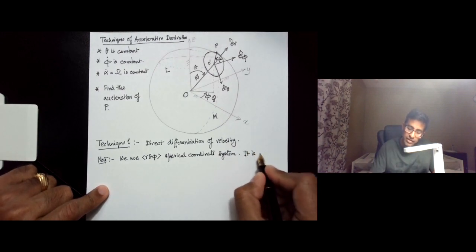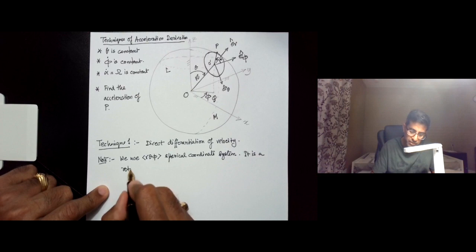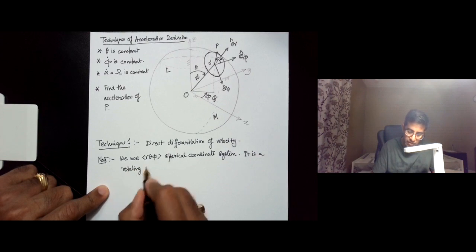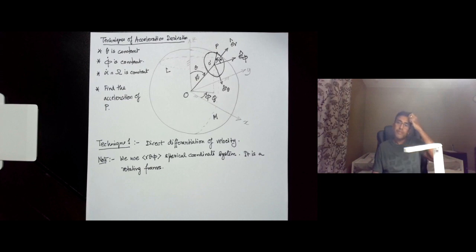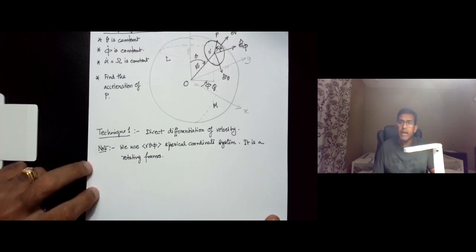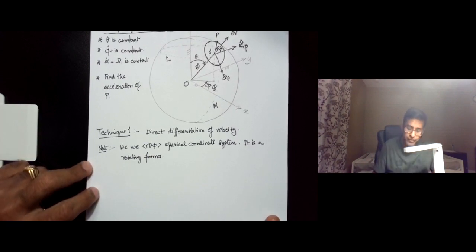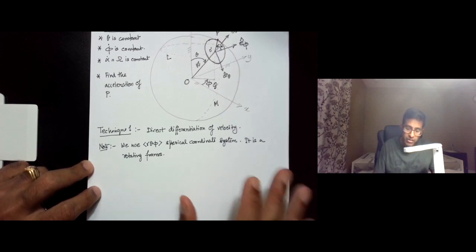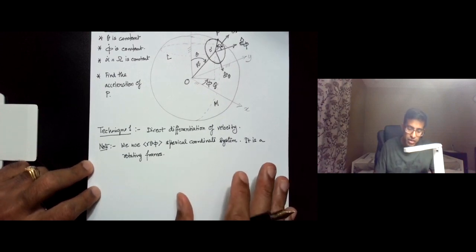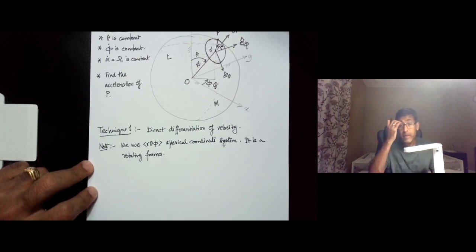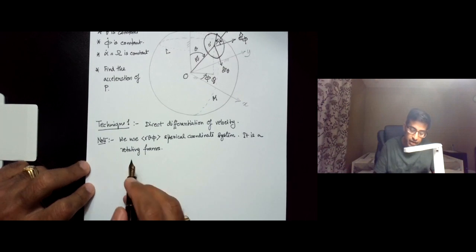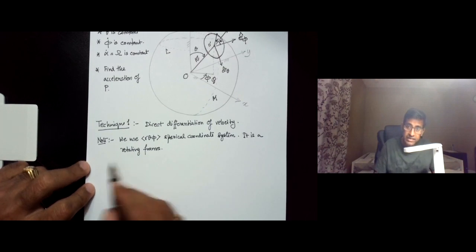It is a rotating frame, right? And at this point we are going to essentially take some of the results from our prior calculations, just in the interest of time, and list them here without deriving them.